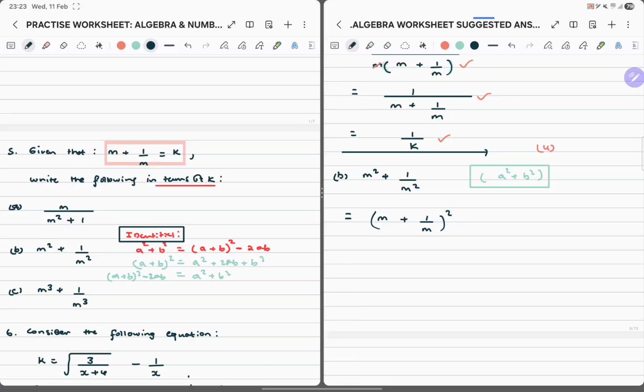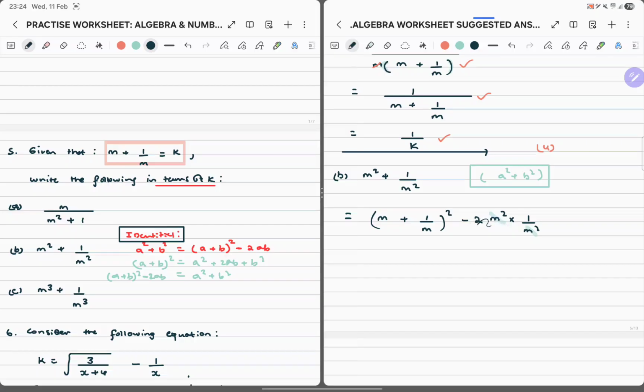We square that thing. Then we subtract 2ab. Now 2ab is nothing but this times that times 2. So this is just going to be minus 2. Or if you will, you're going to say 2a, this is m squared times 1 over m squared. You will actually appreciate that these ones go away.